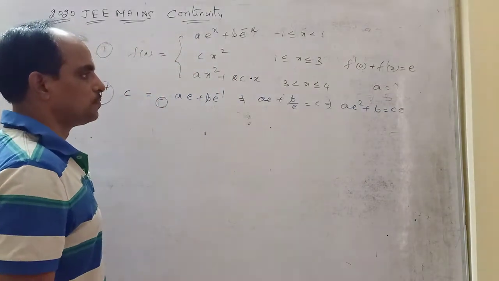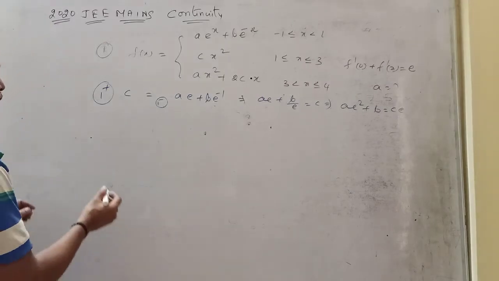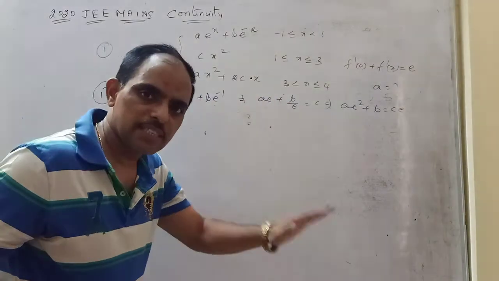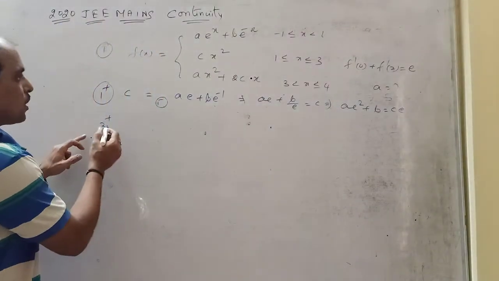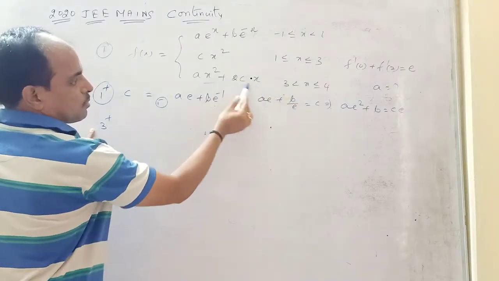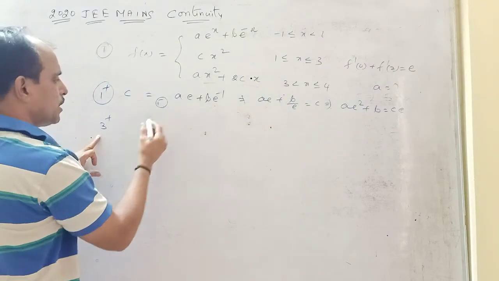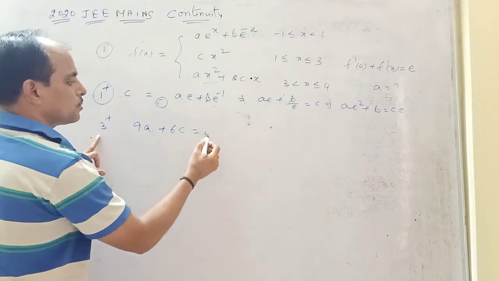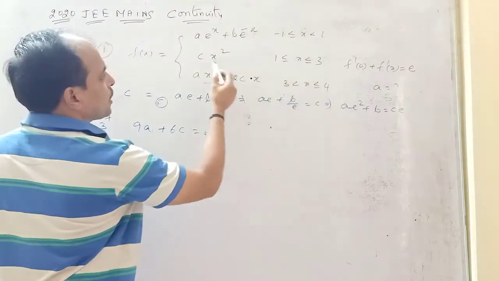Is it clear? Next at 3 plus and 3 minus, because it is differentiable, it is continuous only. What about the 3 plus value? This will be the function. Substitute 3, 9a plus 6c is equal to the 3 minus value. What about the 3 minus function?